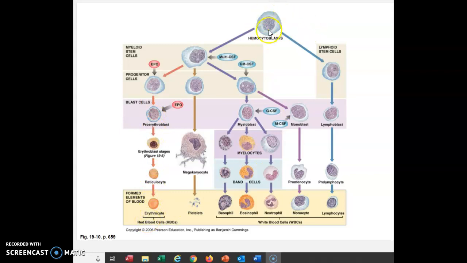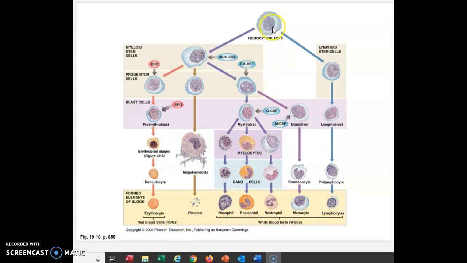Because this very same stem cell could have gone any of these paths to become any of these cells. We're going to talk more specifically later about the differences between a basophil, eosinophil, neutrophil, monocyte, and a lymphocyte. But right now, we're just trying to say what determines what type of blood cell our stem cell eventually becomes.